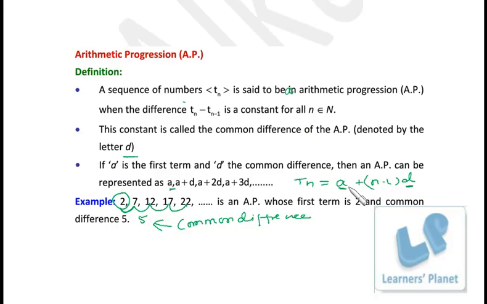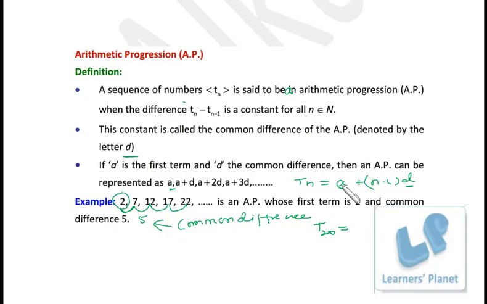If you put in the values of a, n, and d, you'll be able to get any term of this particular AP, right? Suppose for this particular arithmetic progression, that is 2, 7, 12, 17, 22, I have to find out, say, the 20th term, so T20.